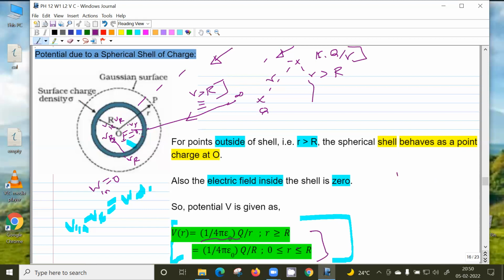If you have to get, say, the potential difference between point A and point B, I have to move a unit charge, 1 coulomb, from this point to this point. So whatever is the work done, that is equal to the final potential minus the initial potential. I'm assuming I'm doing work, so the work that is done will go in increasing the potential. So if the work done is 0, then the potential should be the same.